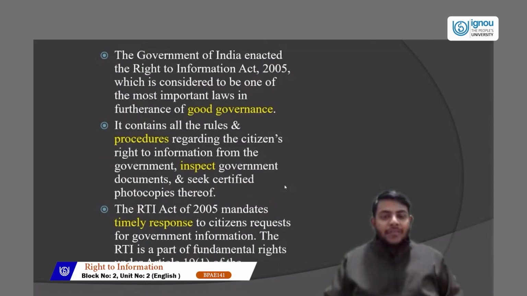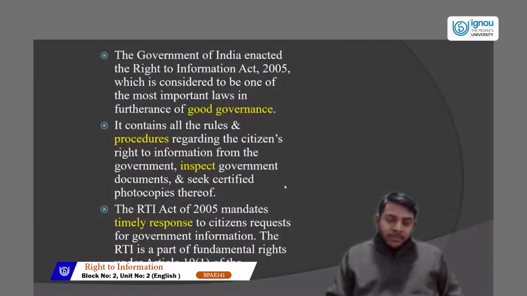This Act contains all the rules and procedures regarding the citizens' right to information from the government, also regarding the right to inspect government documents and to seek certified photocopies of these documents. The RTI Act of 2005 also mandates timely response to the citizens' requests for government information.